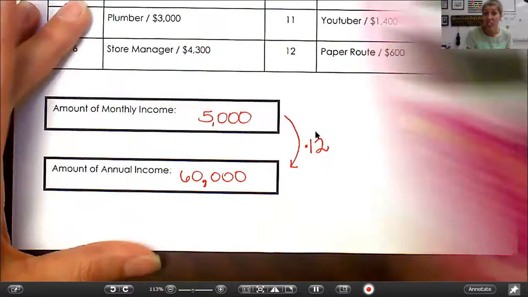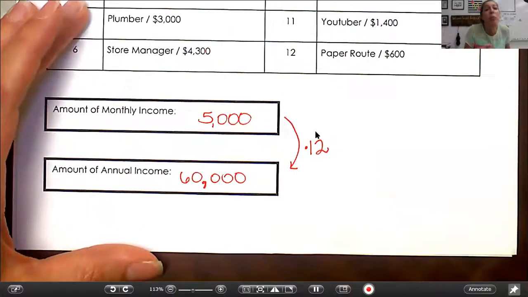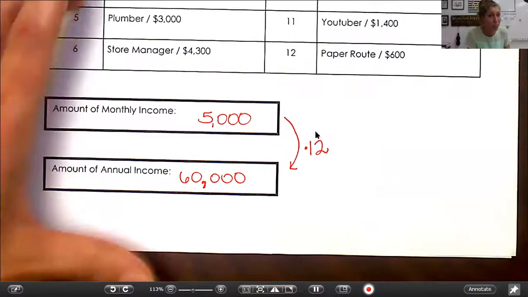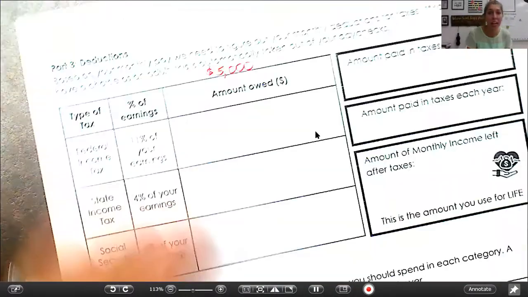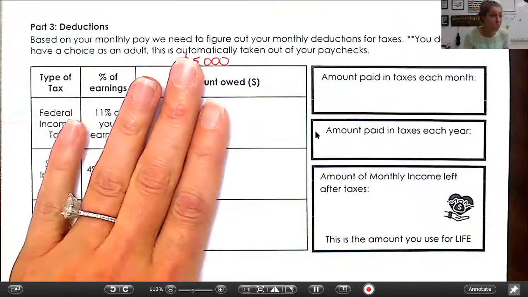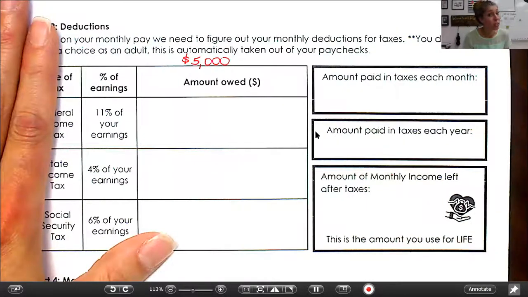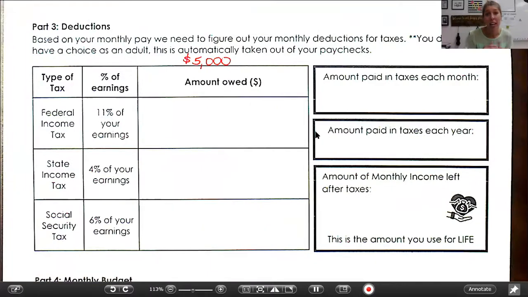So what we're going to do now is figure out what do we really have for our budget? Because I promise you, if $60,000 is what your paycheck is, that's not actually what you get to bring home, okay? So first thing we need to figure out, part 3, is our deductions. These are the taxes that are taken automatically from your paychecks. You do not have a choice.